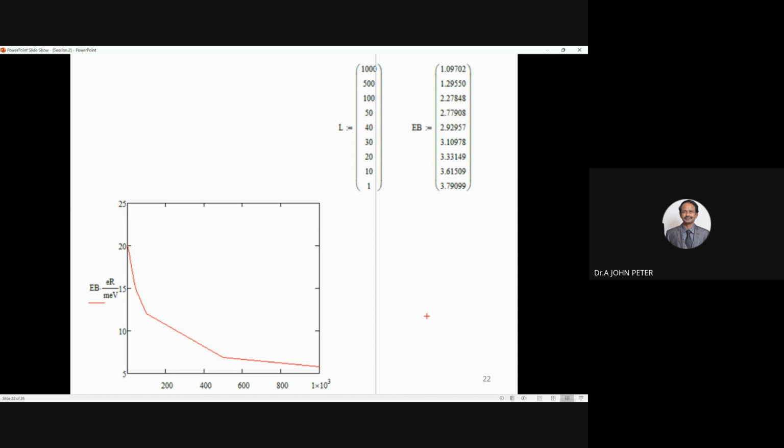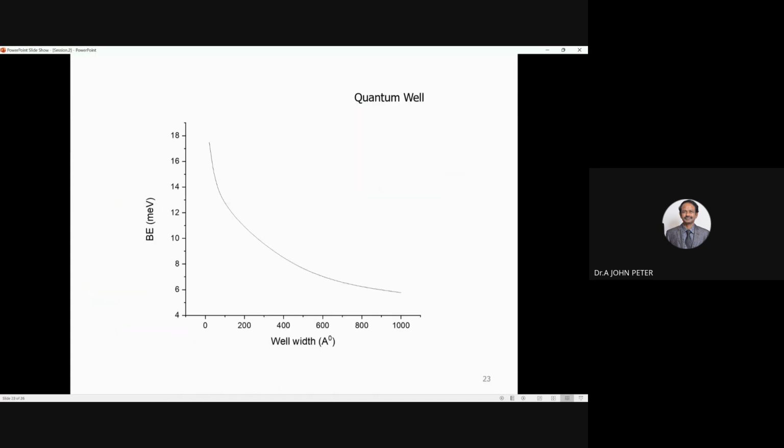See, look at the trend. It's the same. When you reduce the well size, the binding energy should increase. See, binding energy increases. It's very clear. At 20 angstrom, see, 20 MeV, and for 100 angstrom, 20 MeV. Binding energy will increase. This is for the quantum well, which I have plotted in Origin software.